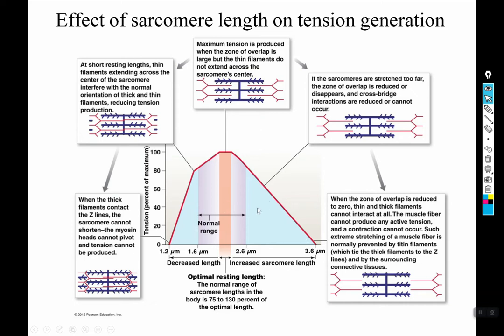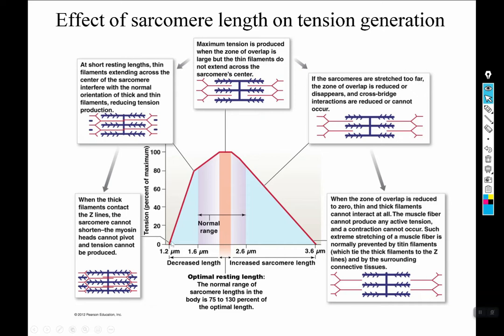So down here at 0, we have 0% of maximum ability to generate more tension. This is because we can't generate any more tension than we already have.